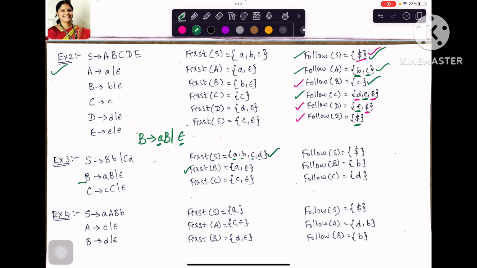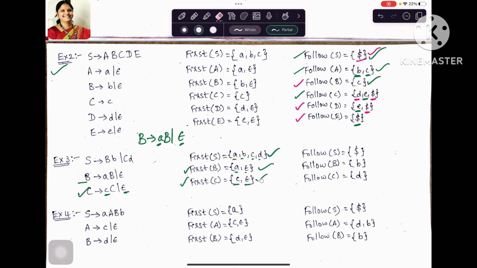So there is no substituted value for epsilon, so we can directly write it in the result, that is A epsilon. Again, to calculate the first of C, this is the C production in the left hand side. C produces C slash epsilon. So the first of C will become C and epsilon, we have written here.